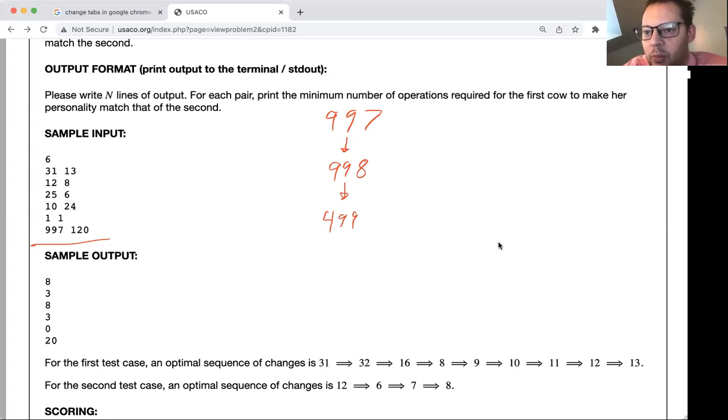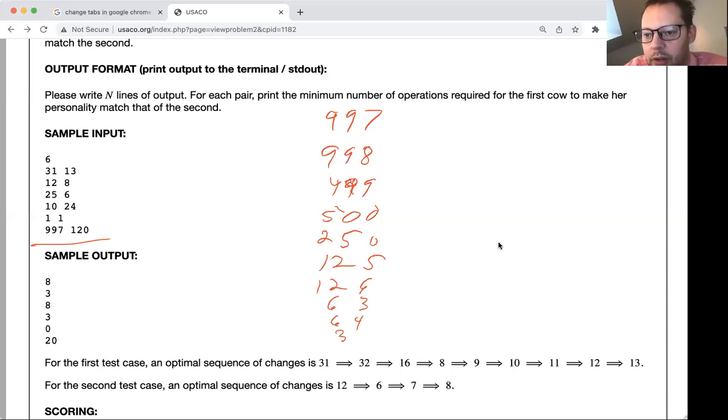From here, I would have to add 1 to get 500. From here, I go 250, 125, 126, 63, 64, 32, 16, 8, 4, 2, and 1.